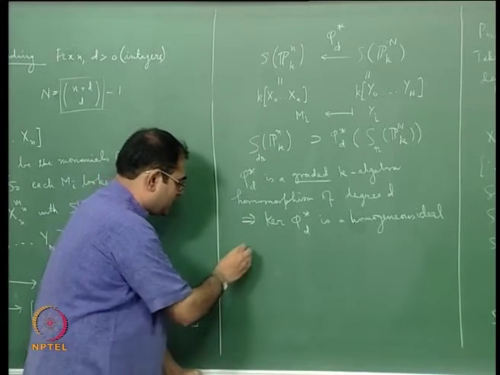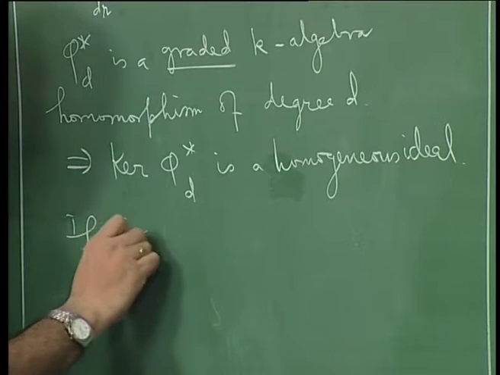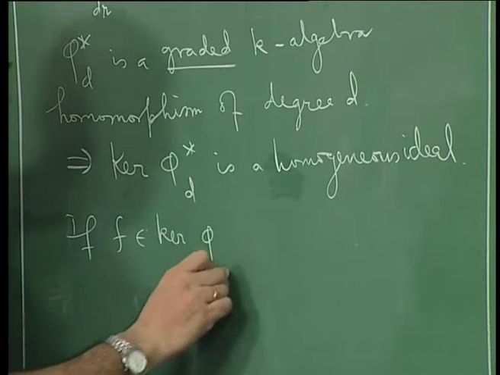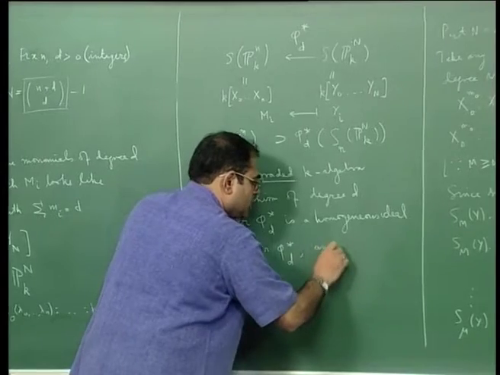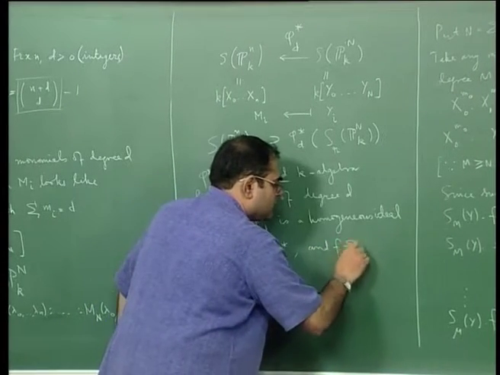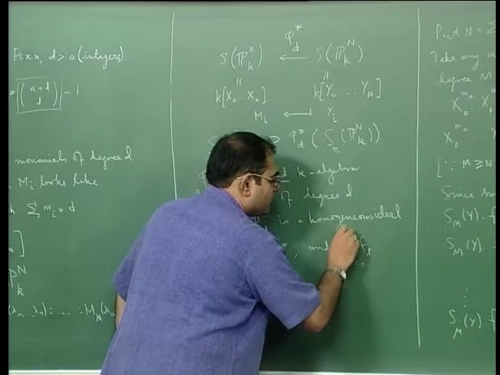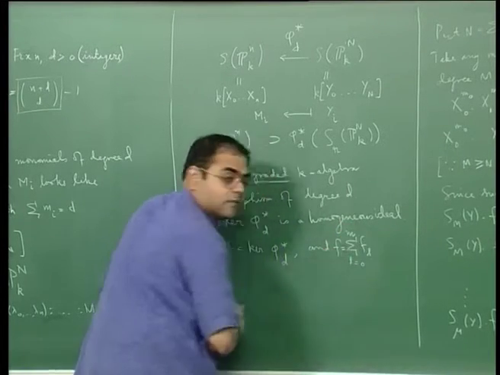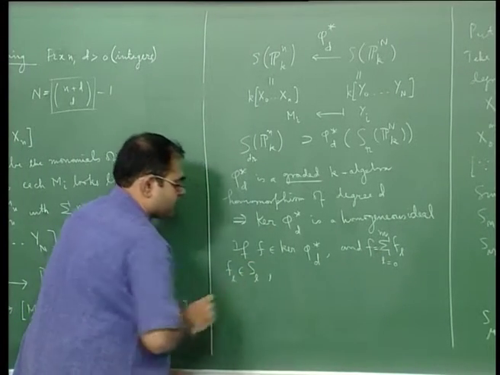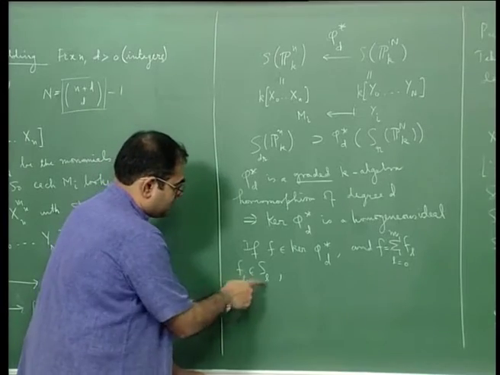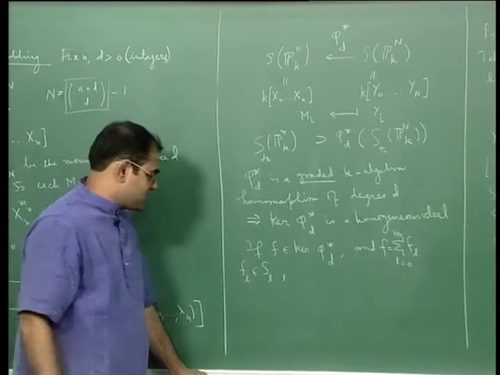So it is very easy to verify that if f is in the kernel of φ_d^*, and f is the sum of f_L for L equal to 0 to m, where f_L belongs to S_L, this is the breaking up of f into its various homogeneous parts.